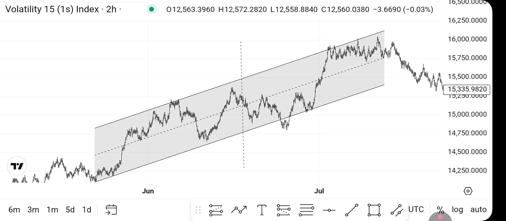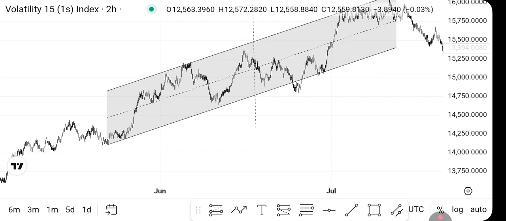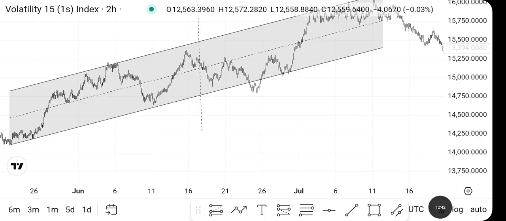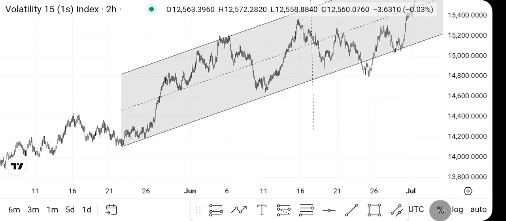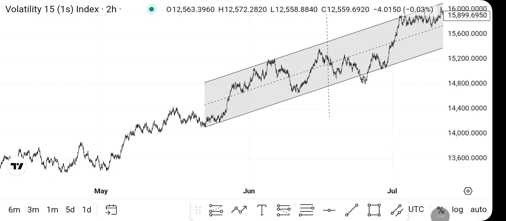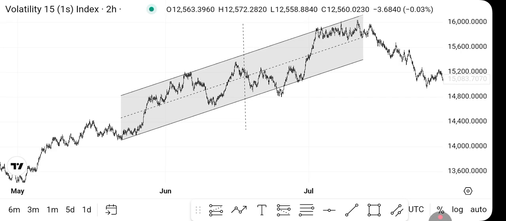The market would have eventually grown into it, right? So that's one way to check for directional bias of the markets. And when I teach internal and external structure, I'll be going further into how to check the directional bias using external and internal structures.